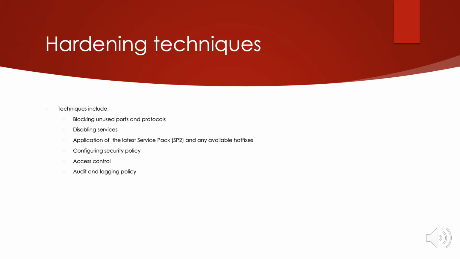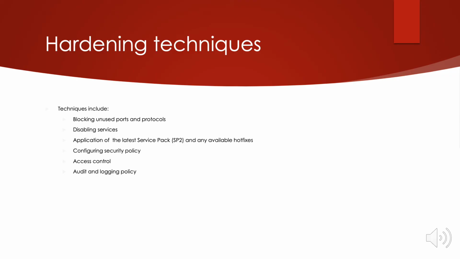Access control is another thing that is extremely important for hardening techniques because it allows you to decide who has access to what information, when they have access, and how much access they need, whether it's read or read/write. A lot of people in different departments don't need access to everything on the servers.